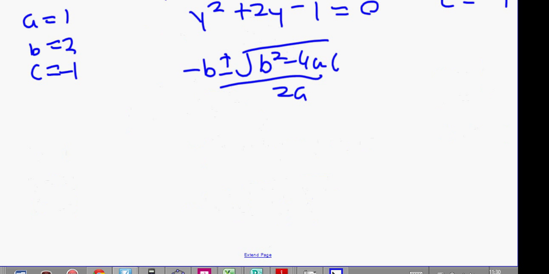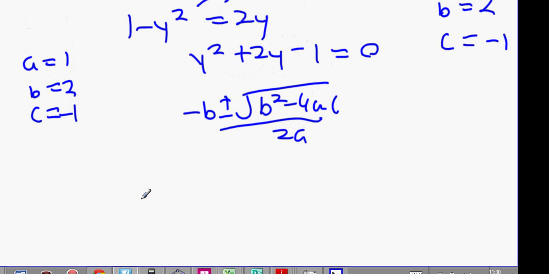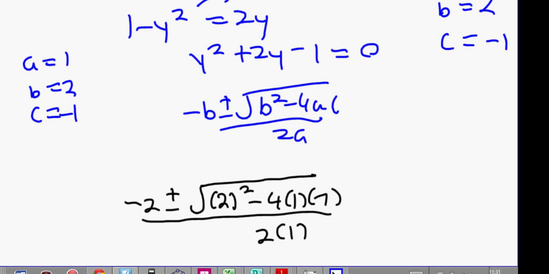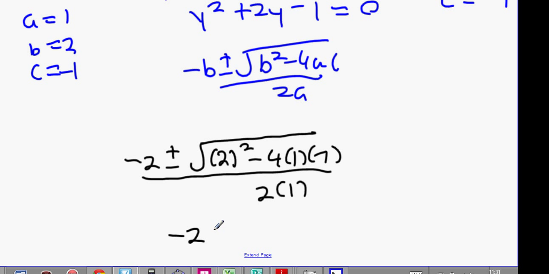Now guys, minus b is minus 2 plus or minus the square root of 2 squared minus 4 times 1 times minus 1, all over 2a, which is 2 times 1, yeah? Now we're hoping this comes out nicely. It's going to be minus 2 plus or minus, I think that turns out to be root 8, doesn't it?